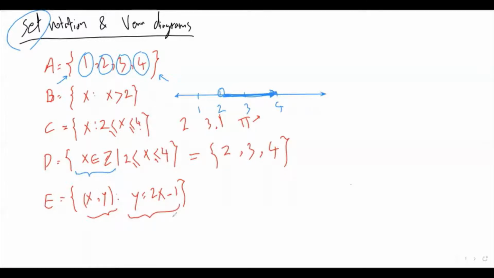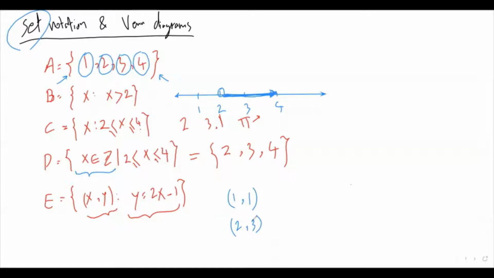So basically it's all the coordinates which follow this relation. If you give x to be 1, and y would be 2 minus 1, which is 1 as well. If you give x to be 2, then we have 4 minus 1, which is 3. So these are 2 members of E.